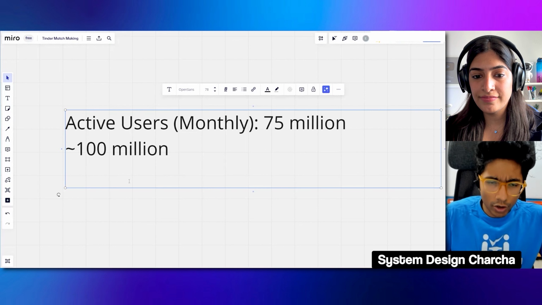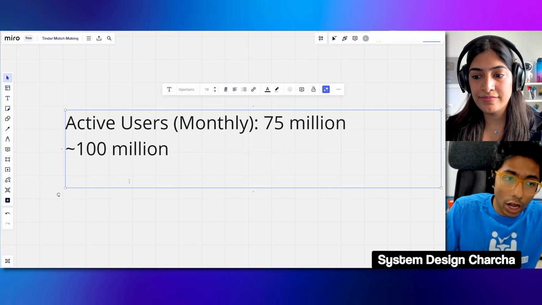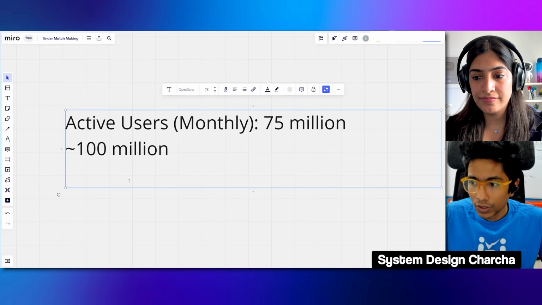This is one area of concern because this tells us how many people you can potentially match with. If I am in Mumbai and I'm matching with somebody in Mumbai within a 160 kilometer radius, which is 100 miles, then I care about how many people are active in my city. Keerti, any idea of the population of Mumbai? This is also a product question.